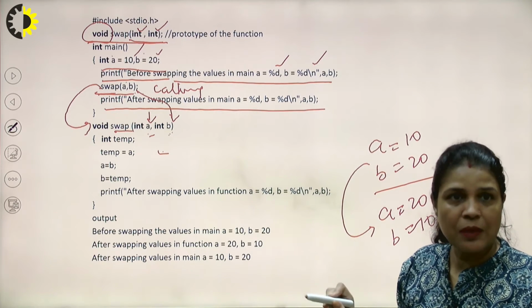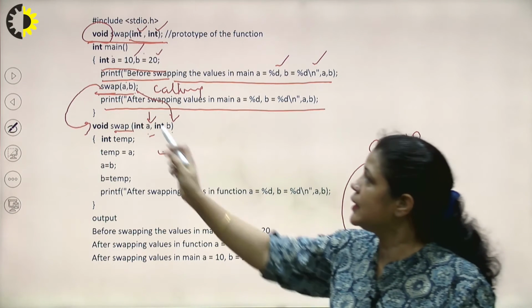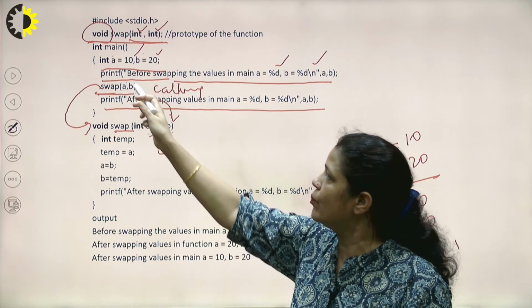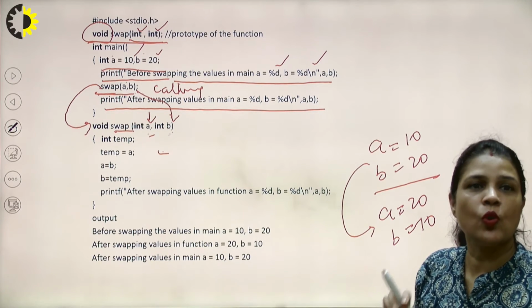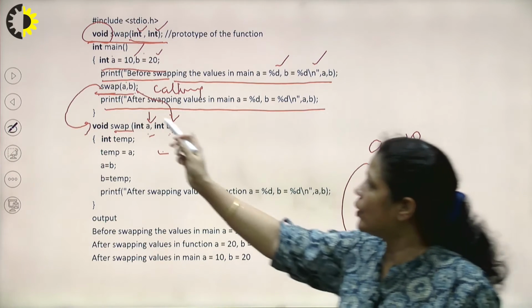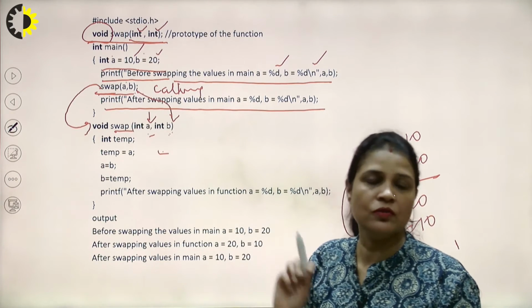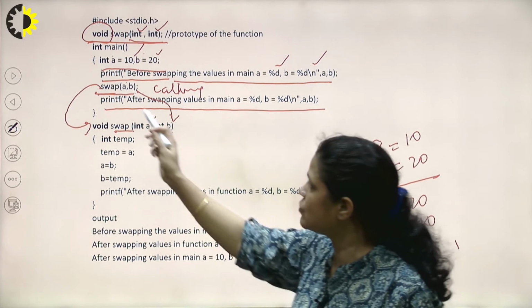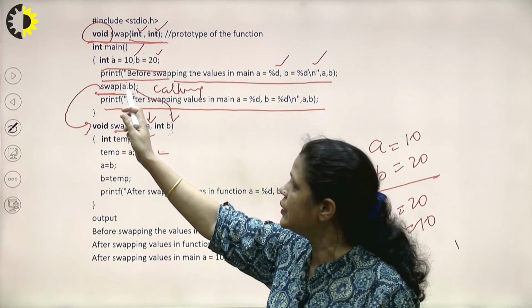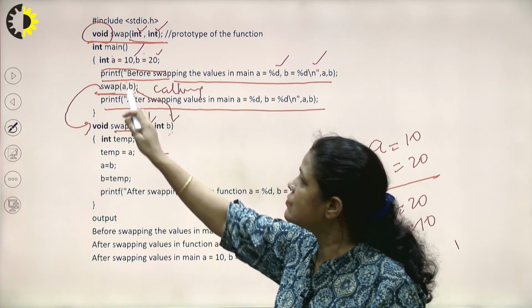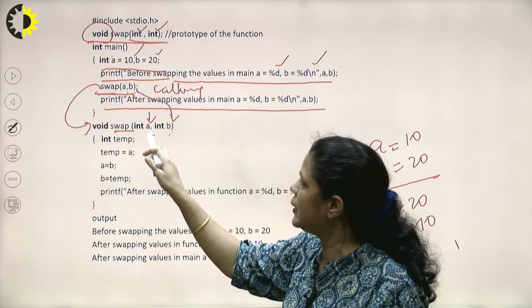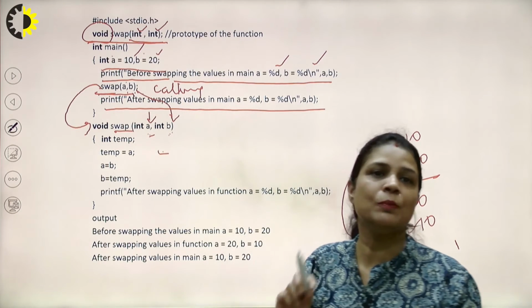So this time we are basically copying the value of variables. So what we can say, this is call by value. We are calling the function on the value of the parameters. It means we are calling the function, passing the actual parameters, and the actual parameters' value is going to be copied in the corresponding formal parameters.